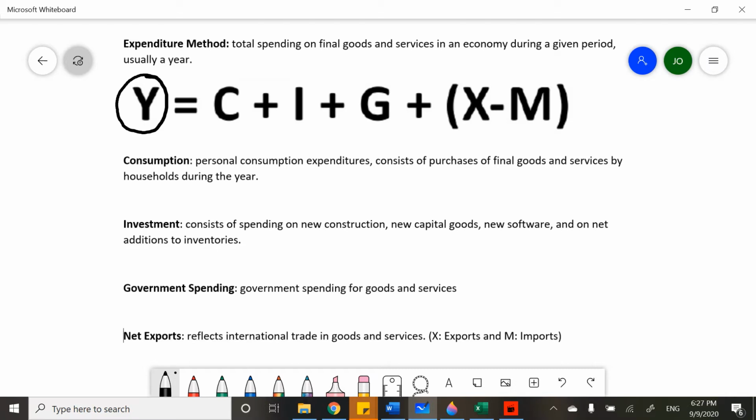Investment, I. For investment, we see the spending on new construction, new capital goods, new software, or a net addition to inventory. The biggest category in investment is investment in physical capital, such as new buildings and new machinery.